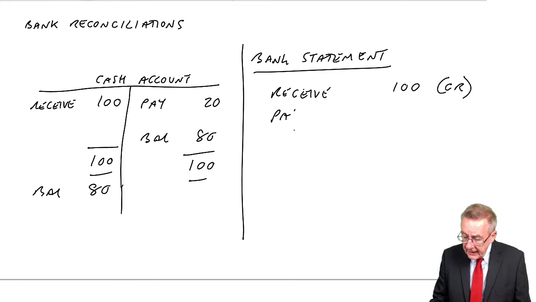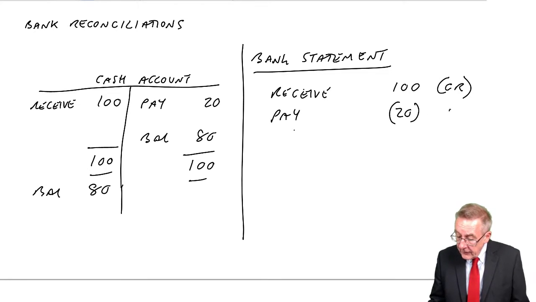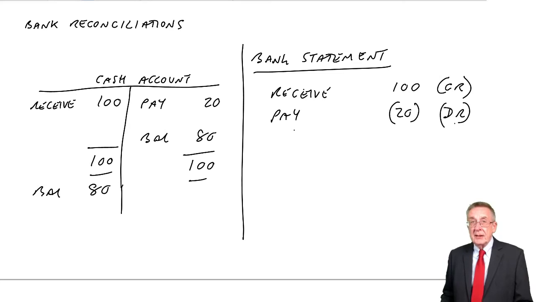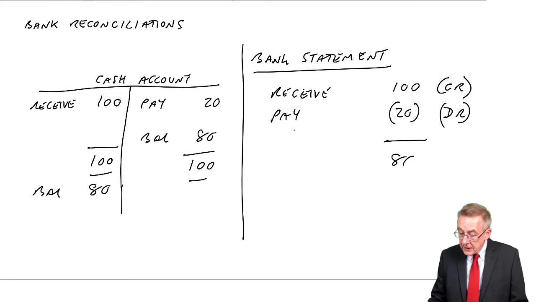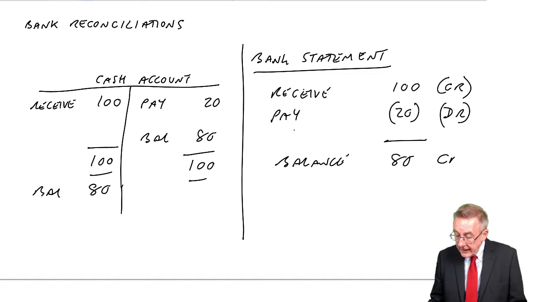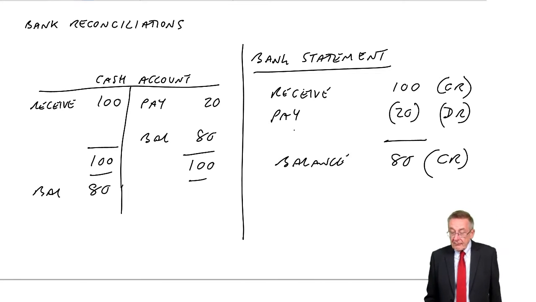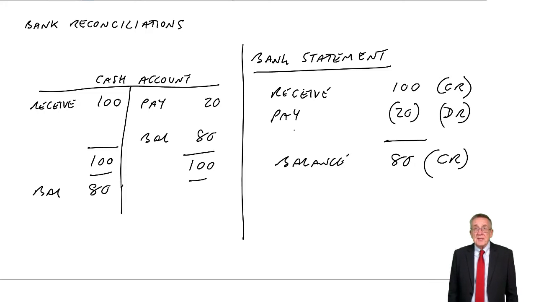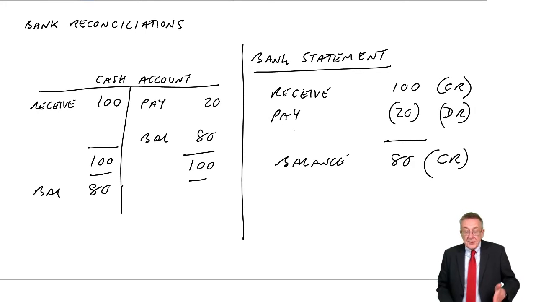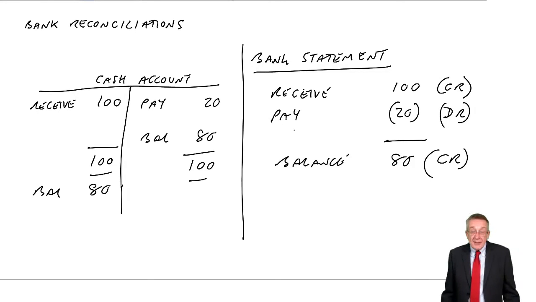You pay 20, they say they've debited your account. And they would tell you that your balance is a credit balance. They seem to do things opposite. In our accounts, we've got a debit balance of 80, and that is correct. But the bank tells you you've got a credit balance of 80.